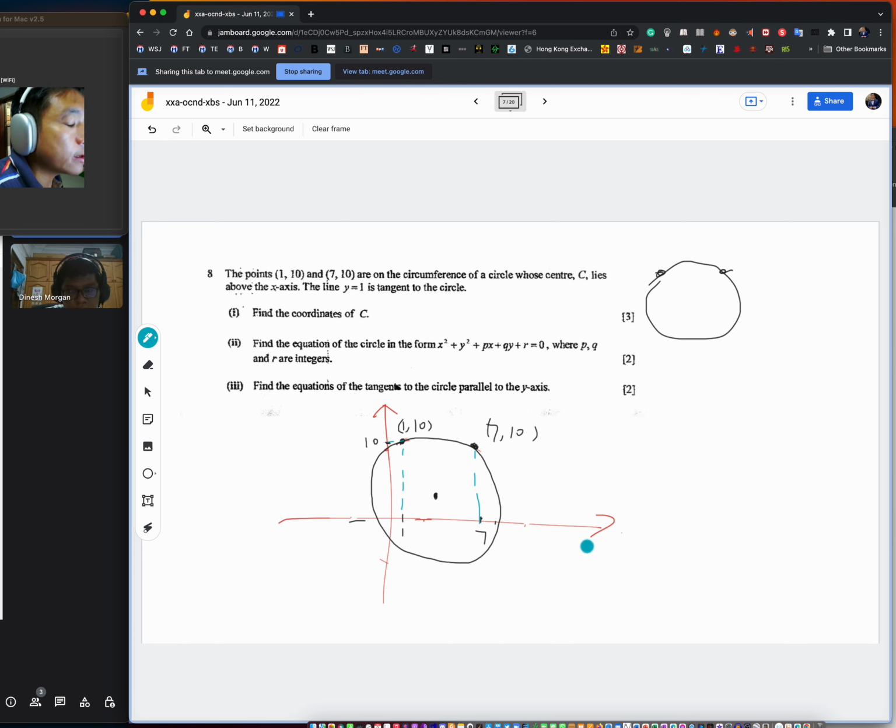Okay, so if I remember correctly, the center is the x and y. So the formula is x minus, okay, I call this the center x, and then the center y.